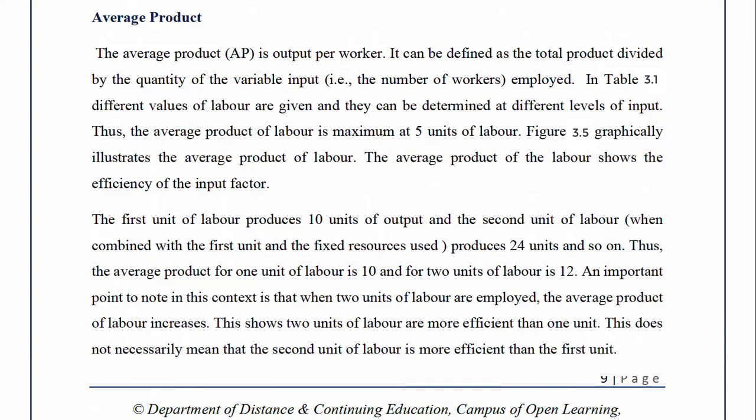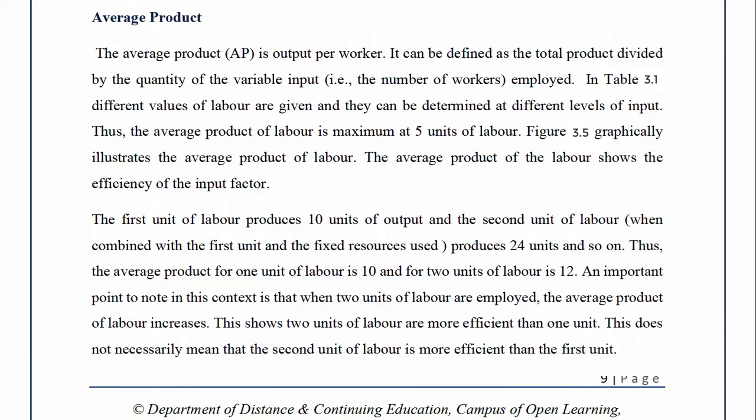Figure 3.5 graphically illustrates the average product of labor. The average product of labor shows the efficiency of the input factor. The first unit of labor produces 10 units of output, and the second unit of labor, when combined with the first unit and the fixed resources used, produces 24 units, and so on.